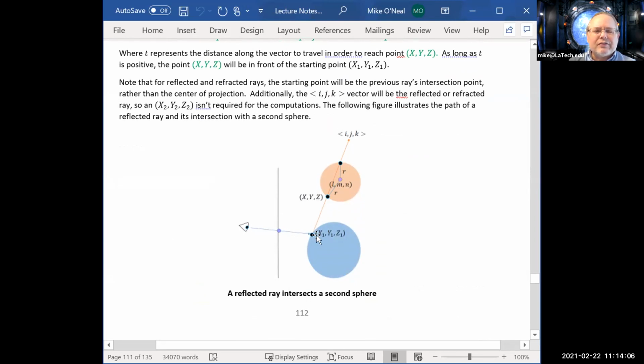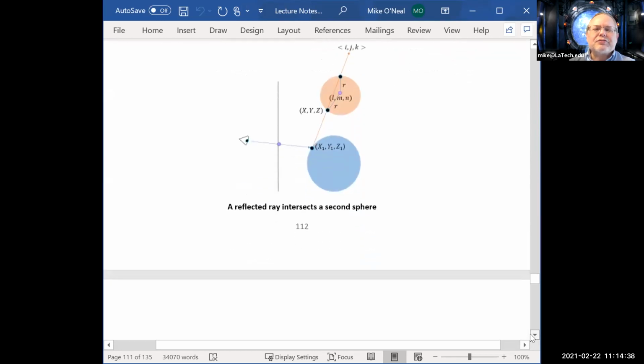And so here, the intersection point of the previous ray is the starting point of the reflected ray, okay? So your starting point's not always going to be your eyeball. For the very first ray, it'll be your eyeball, or center of projection. But after you've hit something, the starting point for the next ray will be the intersection point of the previous ray, and so on, okay?